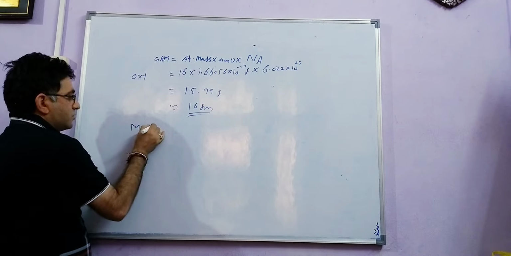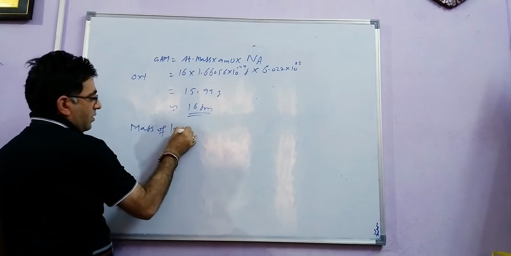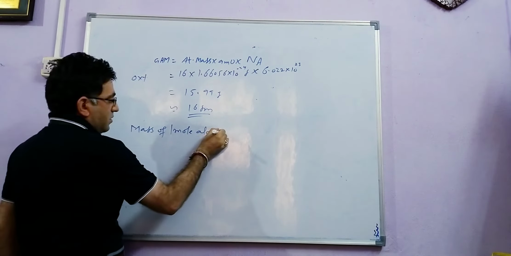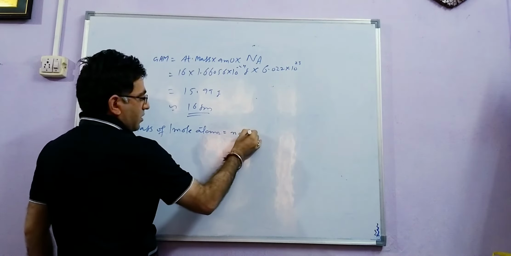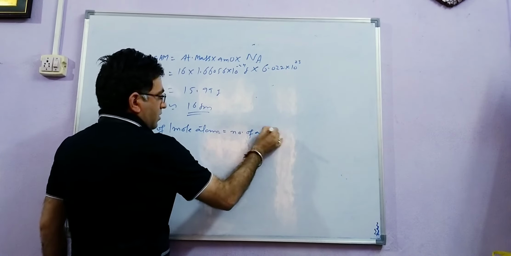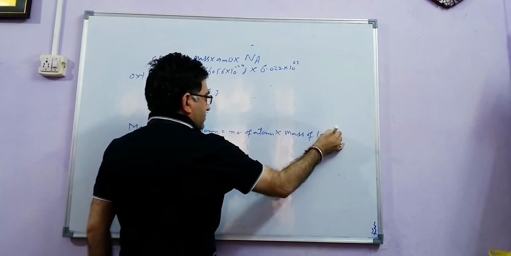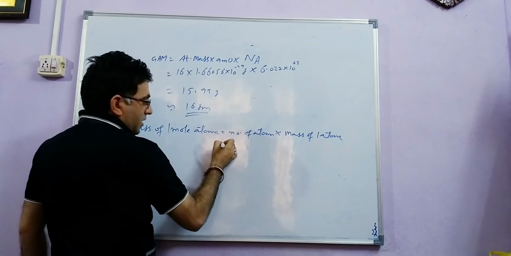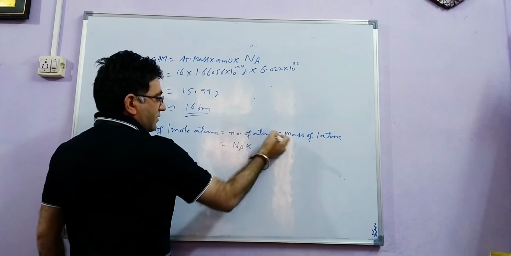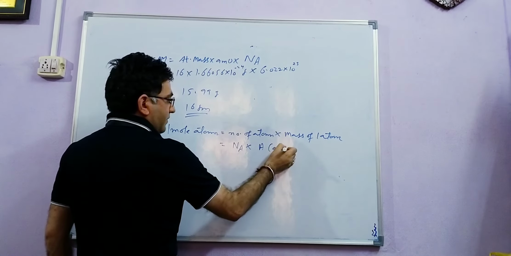We can prove the same in one more way. Suppose mass of 1 mole of atoms is equal to number of atoms into mass of 1 atom. Number of atoms is Avogadro number. Mass of 1 atom is, suppose, A in terms of AMU.